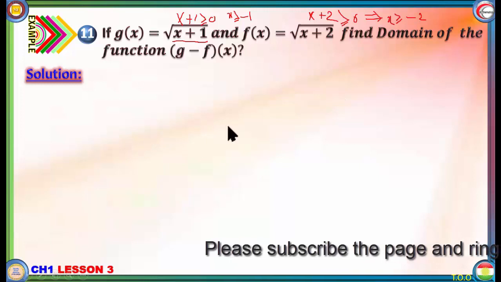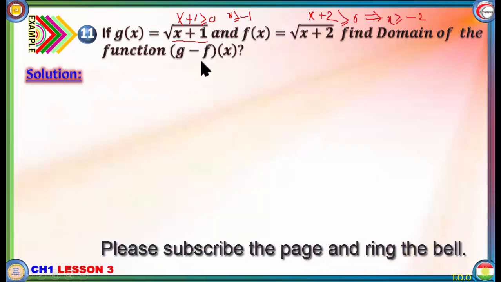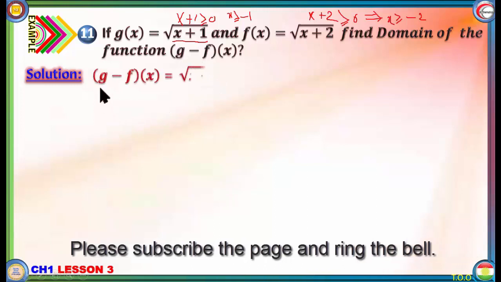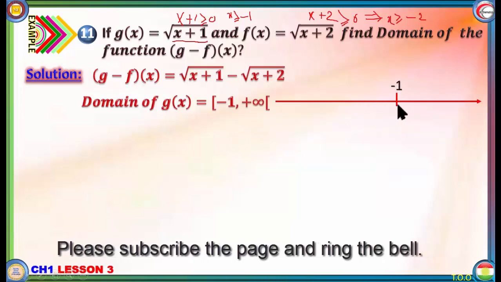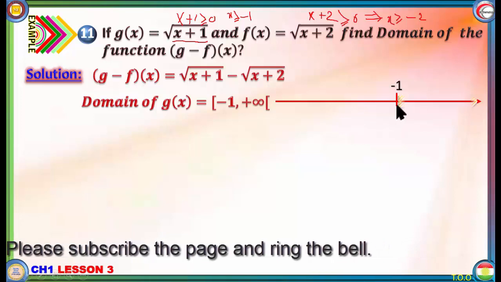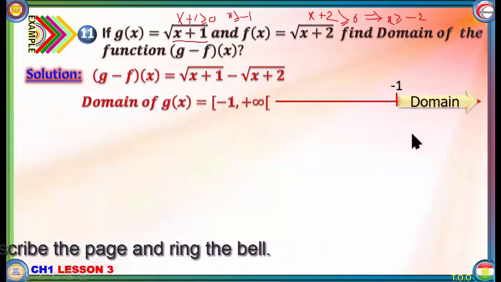First of all, let us find the function g minus f(x). g minus f(x) is the square root of x plus 1 minus the square root of x plus 2. The domain of g(x) is from minus 1 to positive infinity.